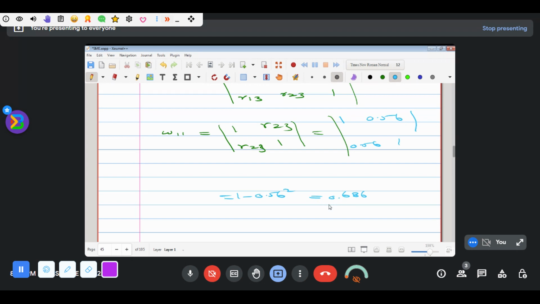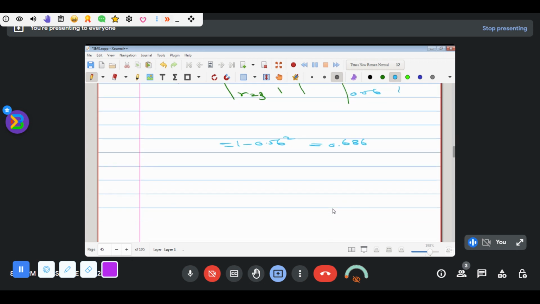Next value, omega 12. First, what is the formula? It's a very important one.